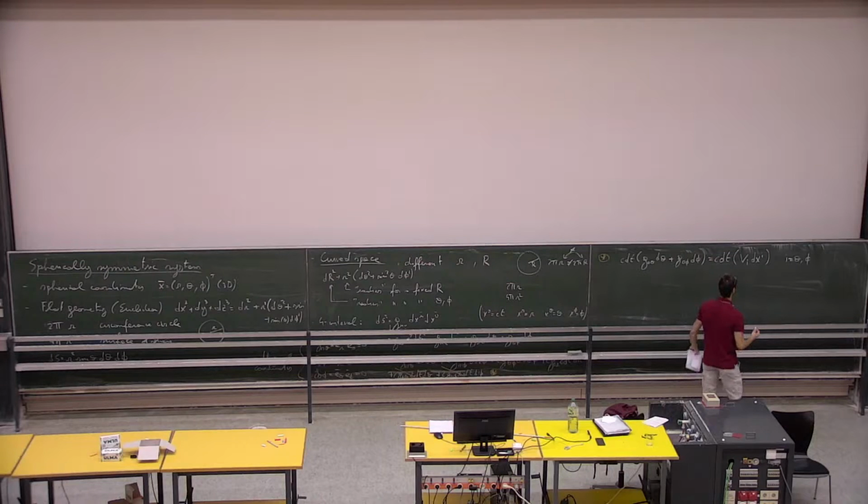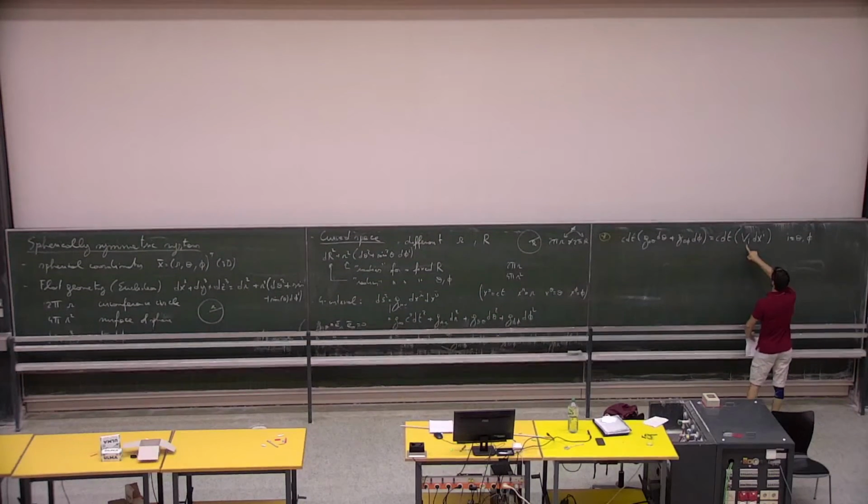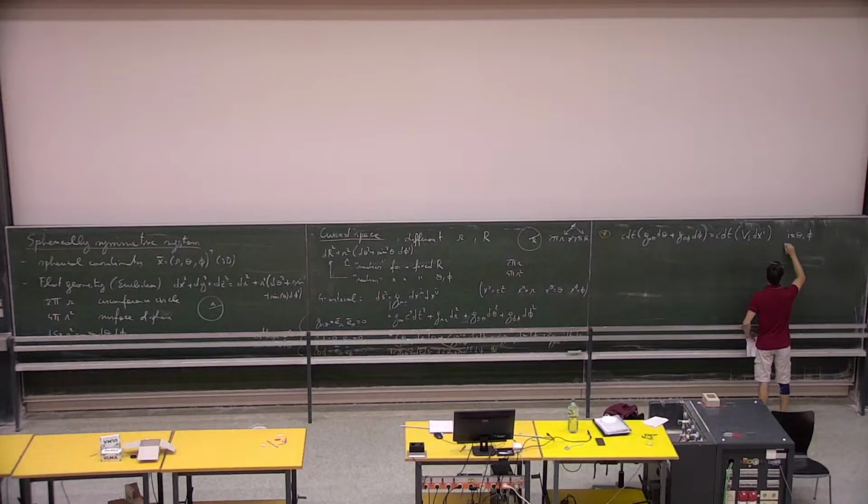But what's the meaning of that? It means that I have a vector V, which is defined as G0 theta and G0 phi. But a vector is a geometrical object that is pointing somewhere, right?